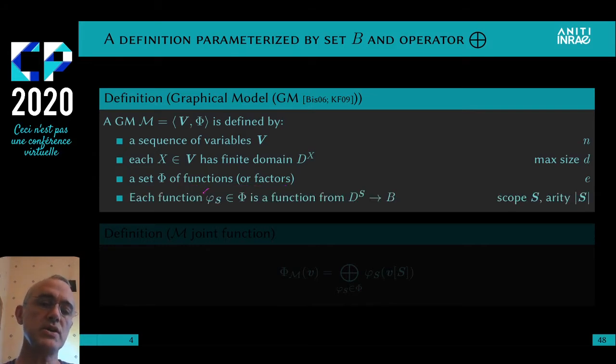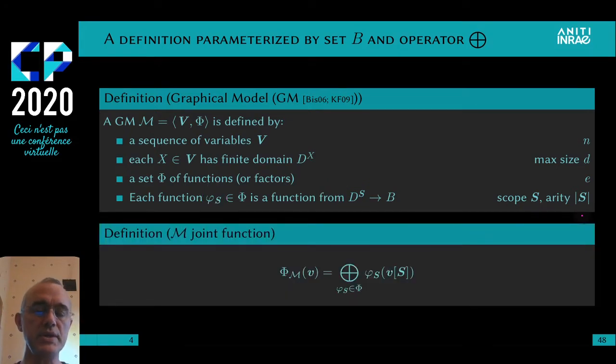Actually, each function is denoted as phi. It has a scope S, which is a subset of V, and it maps tuples to elements of B. And we have the usual notions of scope and arity. And with this, we can define the joint function, which is just a combination of all those small functions.